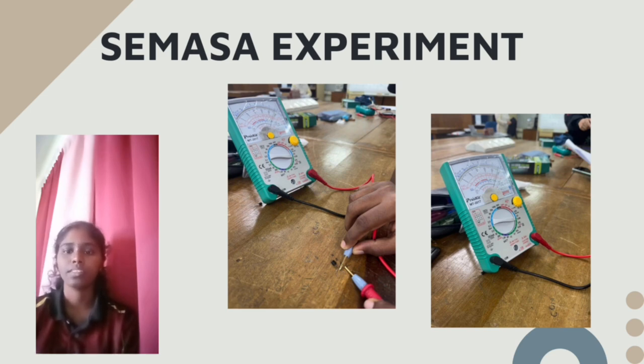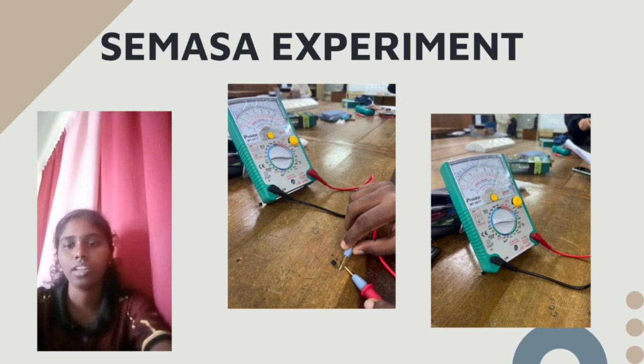For both transistors, we identify the base at terminal 2. The terminal with lower resistance reading when forward biased is the emitter. The terminal with higher resistance reading is the collector.